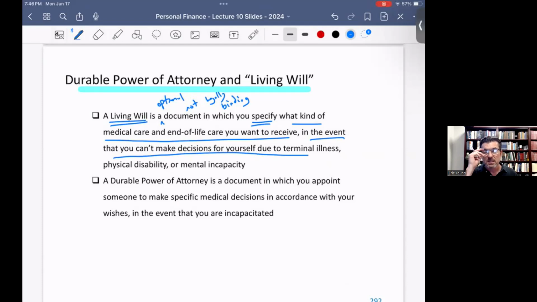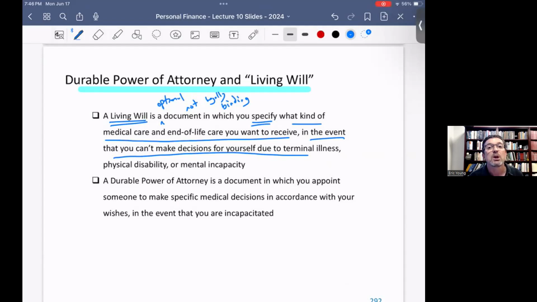In other words, something bad happens, you have an accident, you have a stroke, you have a terminal illness, you are unable to make decisions for yourself anymore. A living will, if written beforehand, specifies what kind of end-of-life care you want. Do you want resuscitation? Do you not? Do you want to have a full extent of things to keep you alive?